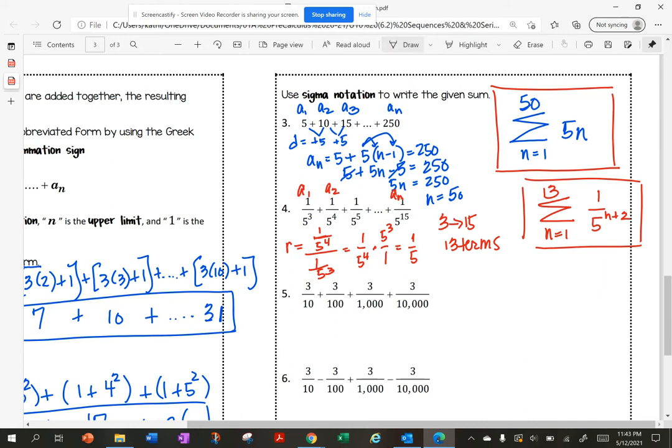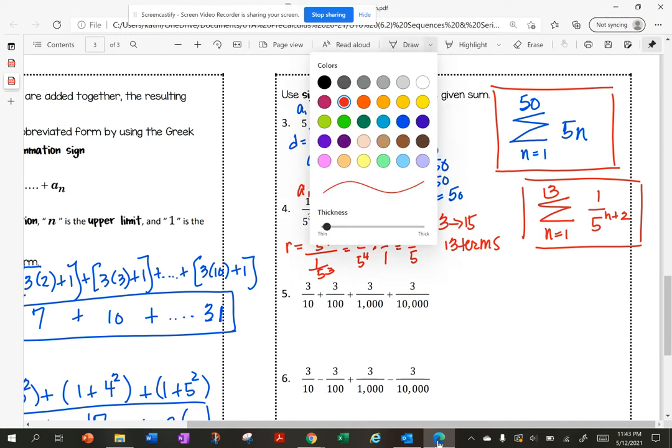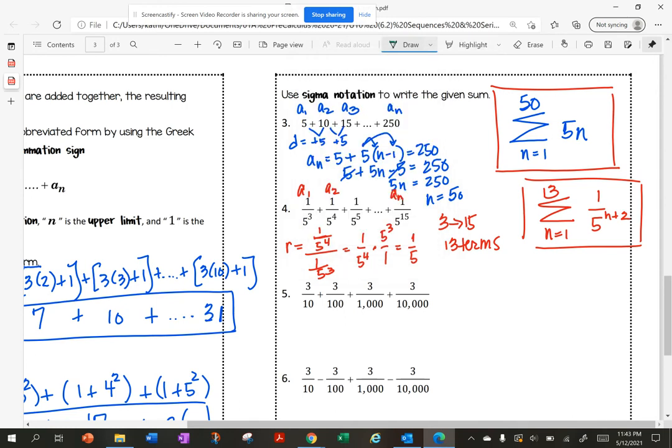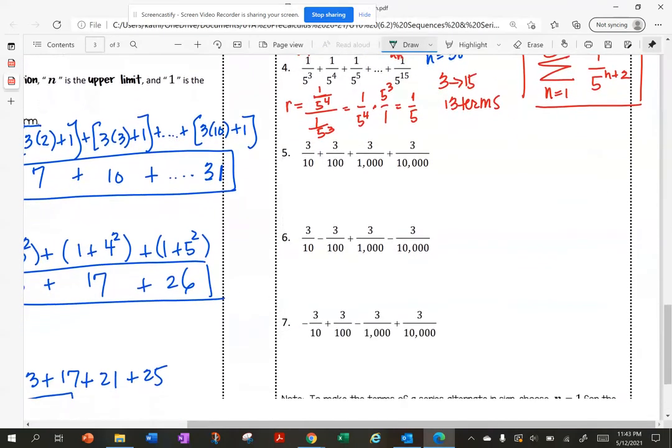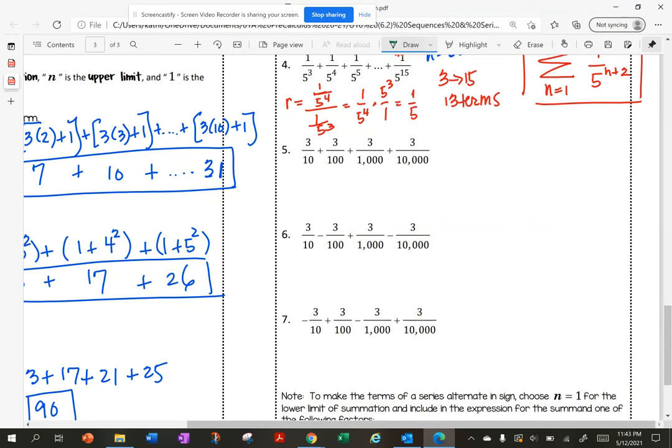Okay, so let's start out with the next one. Let's look at something a little bit different. I'm looking at these numbers as 10 to the first power, 10 squared, 10 cubed, and 10 to the 4th.